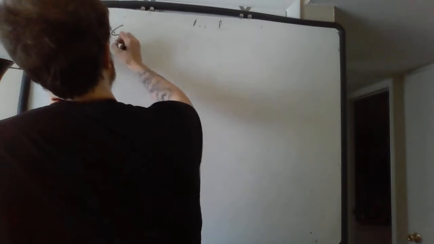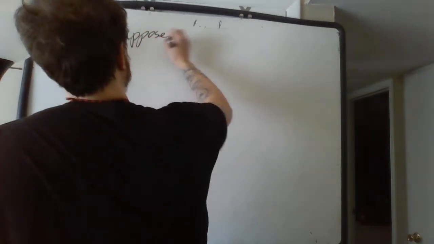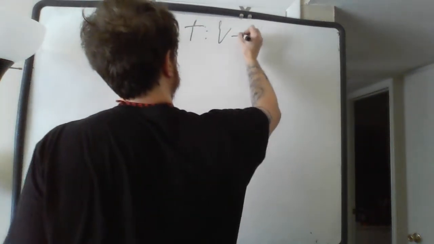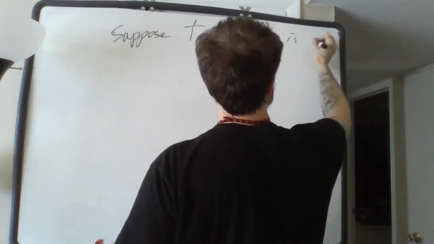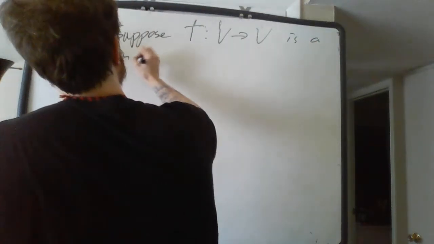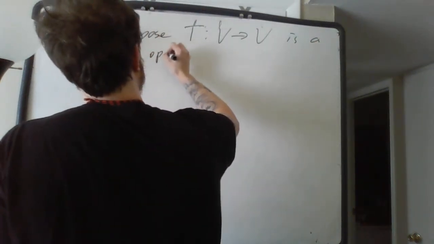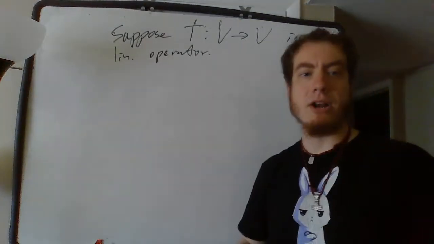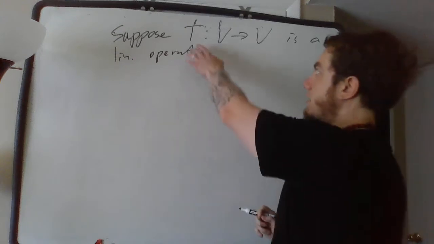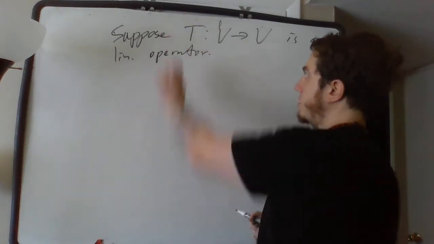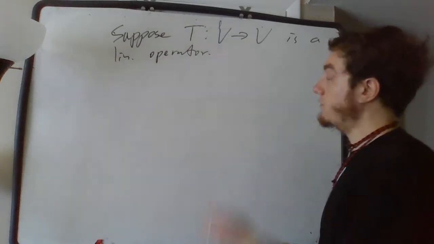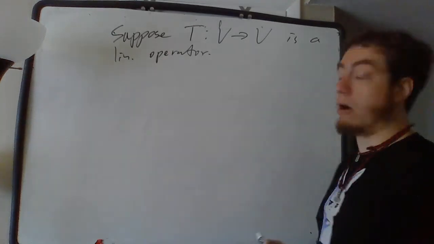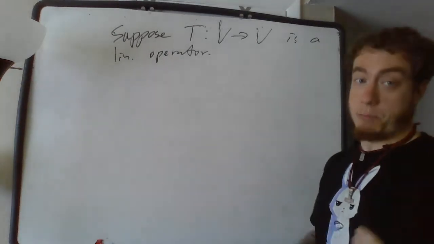So notice the following fact. Suppose that T, taking V to itself, is a linear operator. So just a standard linear operator. As we know, linear operators are basically representable by matrices.